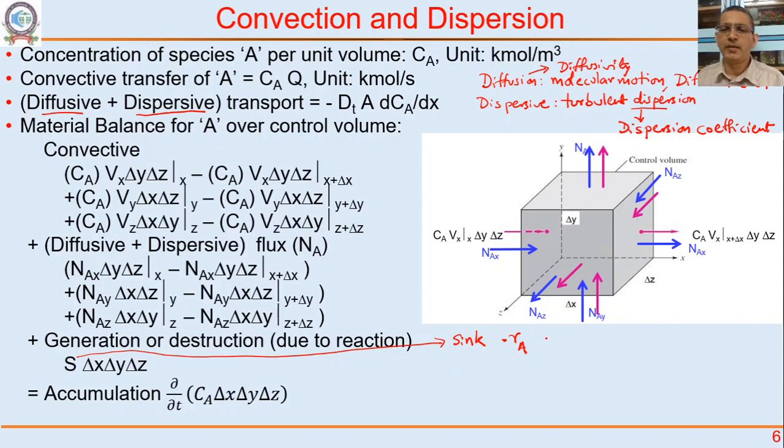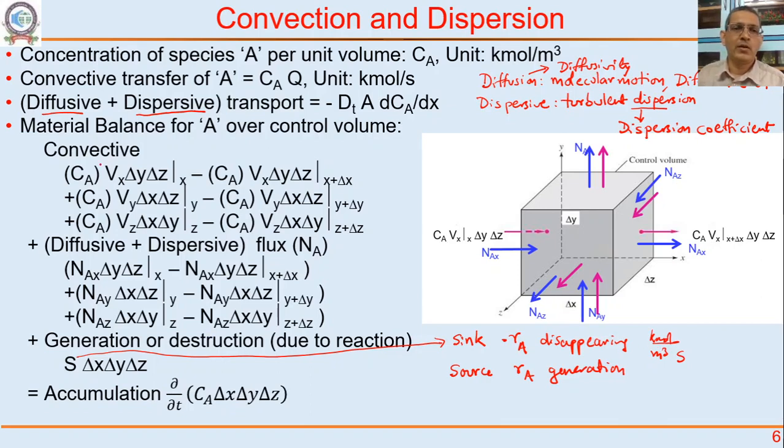It is disappearing. If A is a product that we are writing, it is source. It is rate of generation of A. It is generated. It is kilomoles per meter cube per second, rate of generation multiplied by the volume.